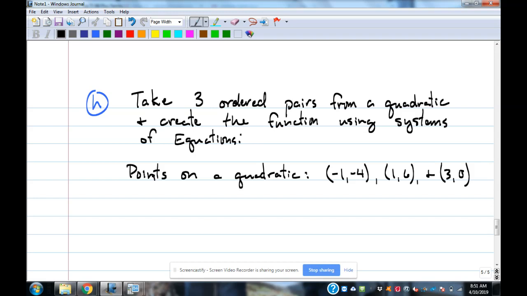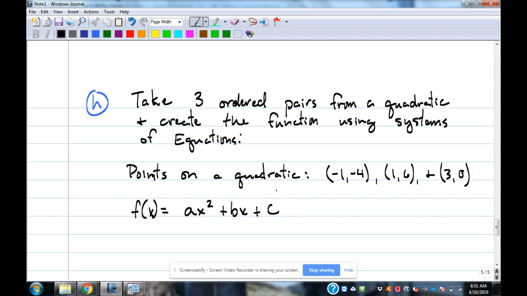Now, from there, we've got to take those ordered pairs and build some equations from those. And we've got to remember standard form for a quadratic. What's standard form for a quadratic? Did somebody say ax squared plus bx plus c? Standard form for a quadratic.